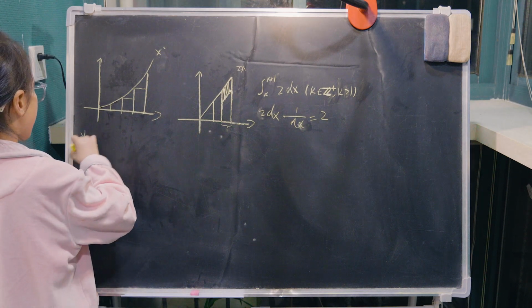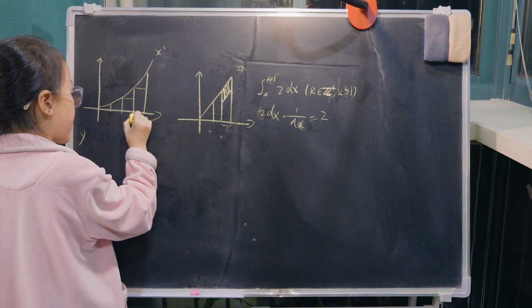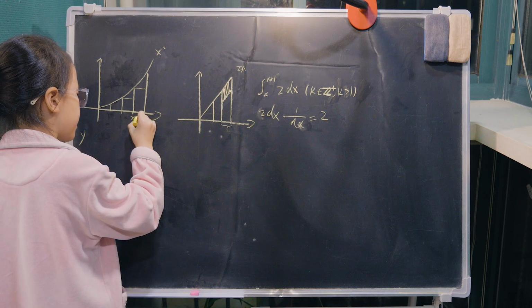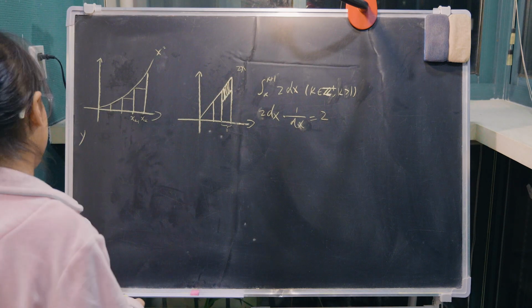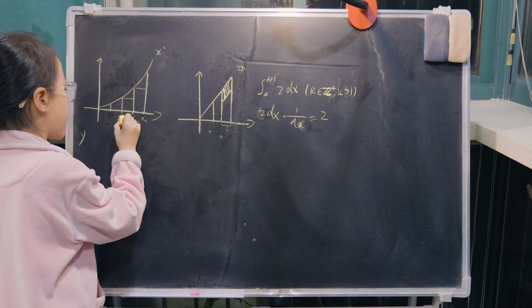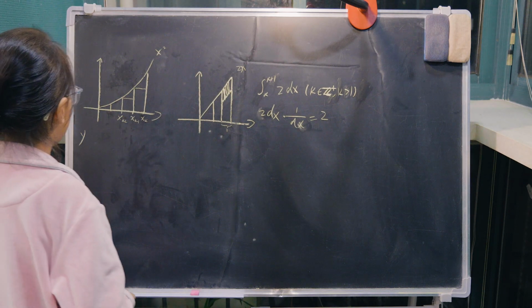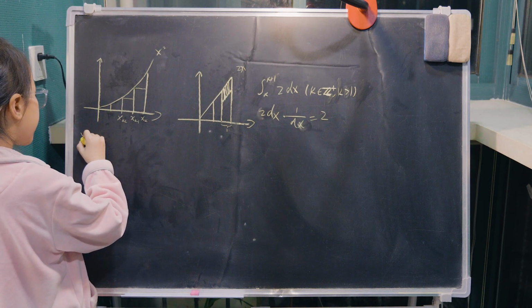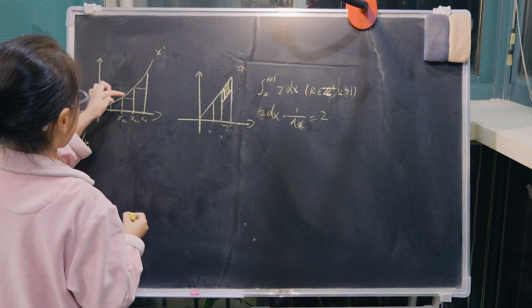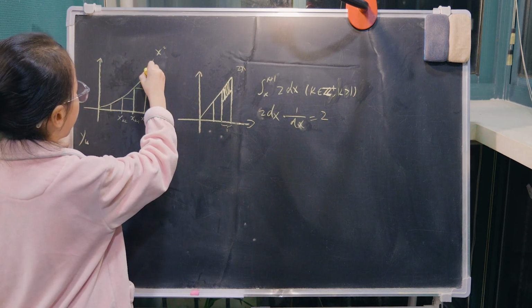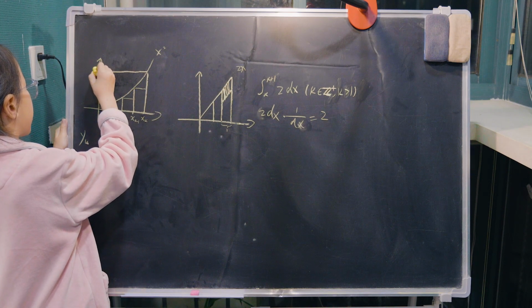So first, I say this is called xk, and this is called xk minus 1, and this is called xk minus 2. Okay? So yk, I mean right here, this is yk.